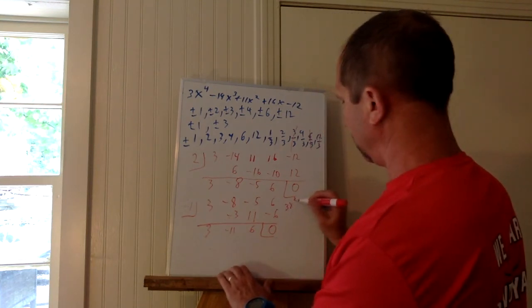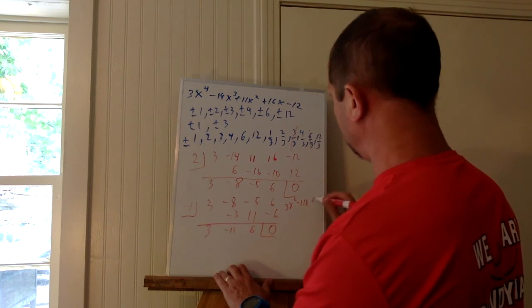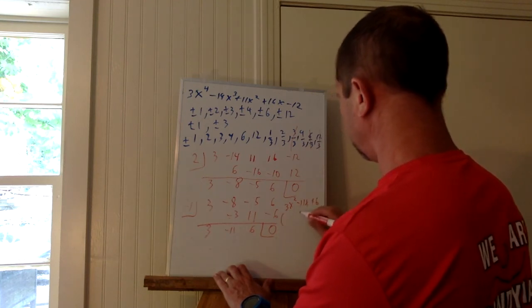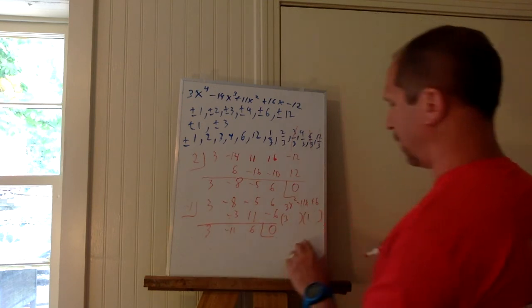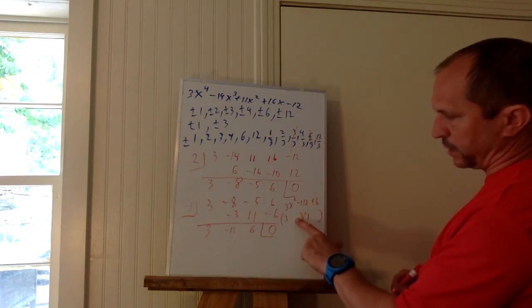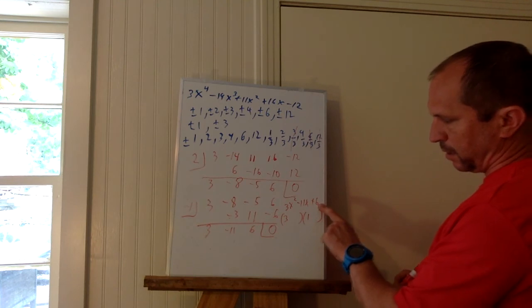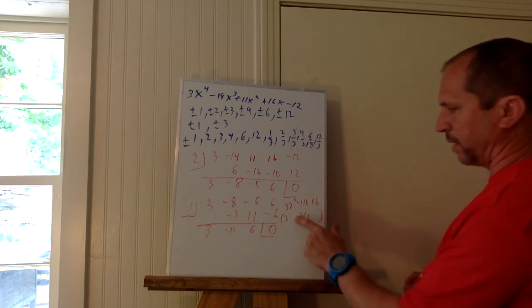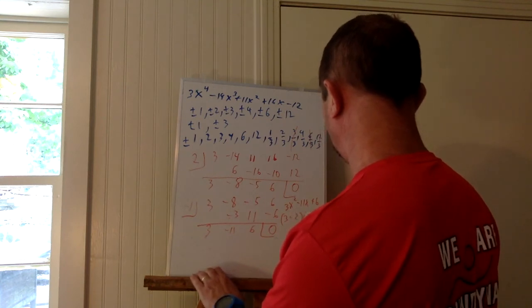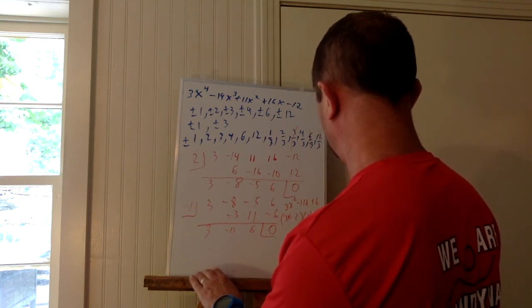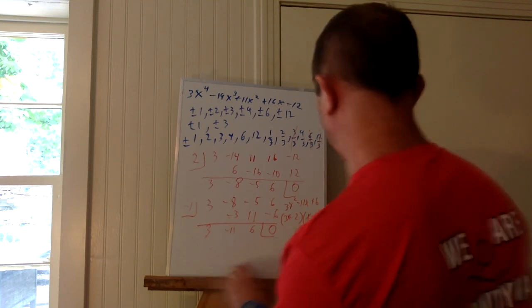It's 3x squared minus 11x plus 6. So I've got 3 and 1. Now I can't put 3 right here or 6 right here because it shares a common root here. So I'm going to have to put negative 2 and negative 3 here and see what happens.